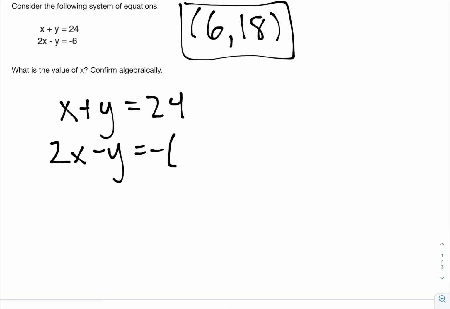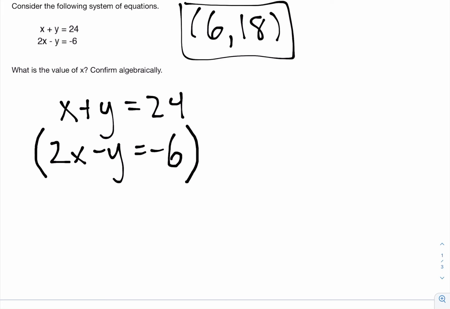In elimination, we're always looking to eliminate. That's where it gets the word. We're looking to eliminate one variable. So you can choose, do I want to eliminate the x or the y? I'm going to eliminate the y in this one just because it's a little easier, and I'll show you why in a sec. If we eliminate one variable, we're just left with the other and we can solve.